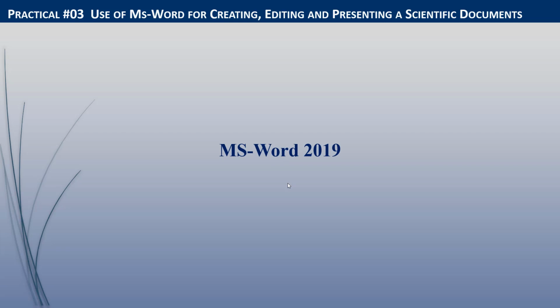MS Word is basically a word processor software developed by Microsoft, and it is generally used for creating documents like research papers, your practical files, resumes, any kind of textual documents whose printout is required or need to be converted into PDF documents.